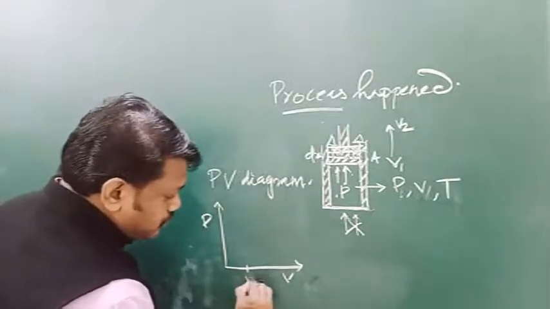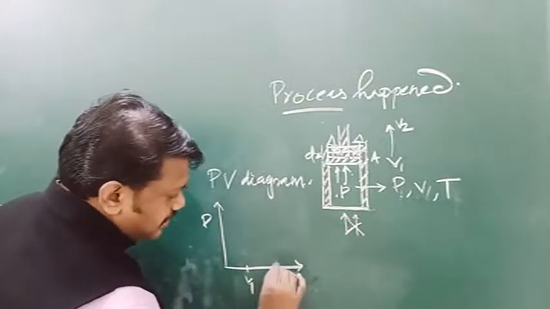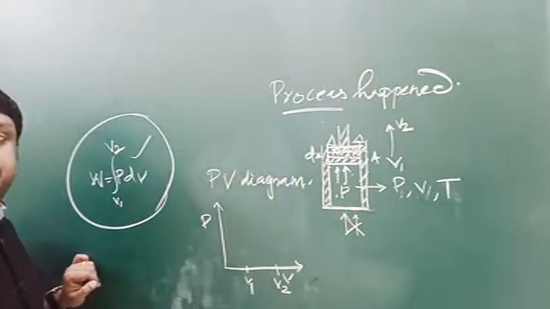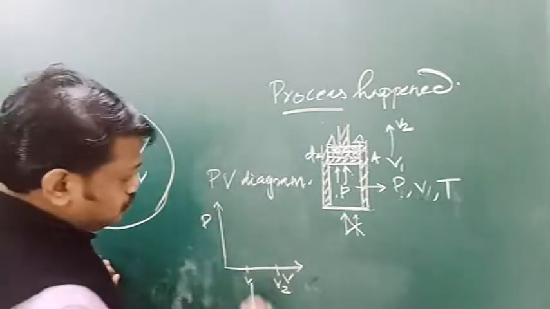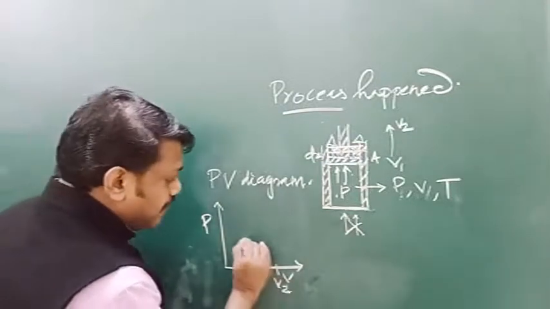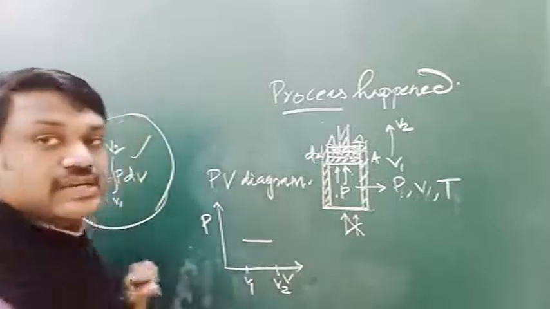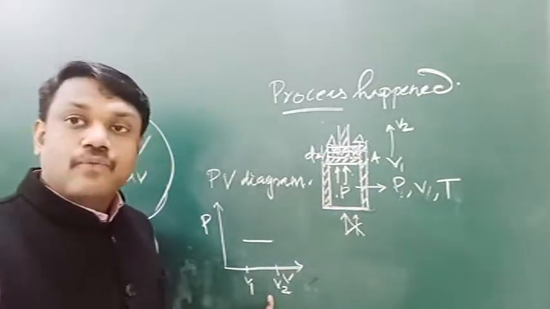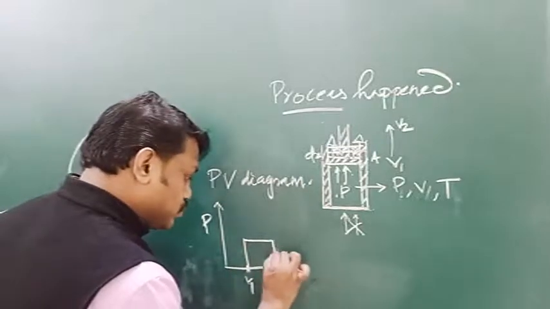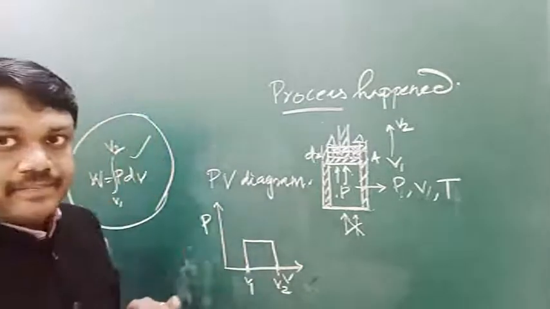Initially the volume is V1, and finally it changes to V2, and the pressure changes to P2. Since the pressure remains the same, we will have a straight line parallel to the volume axis. So volume changes from V1 to V2, keeping the pressure constant.